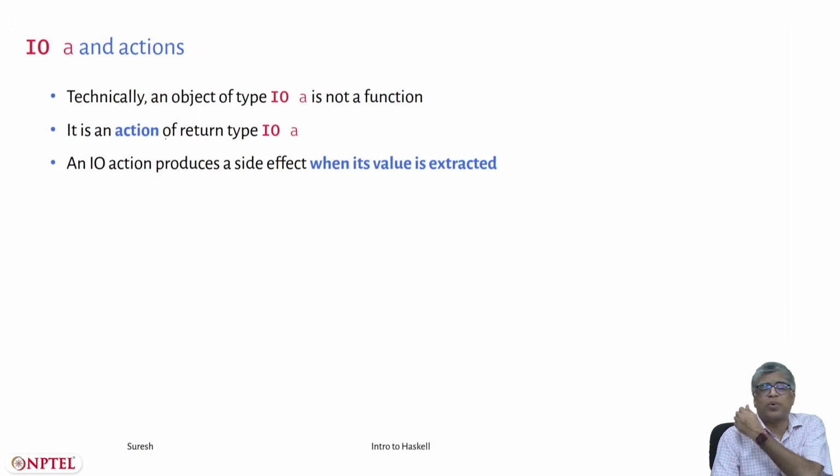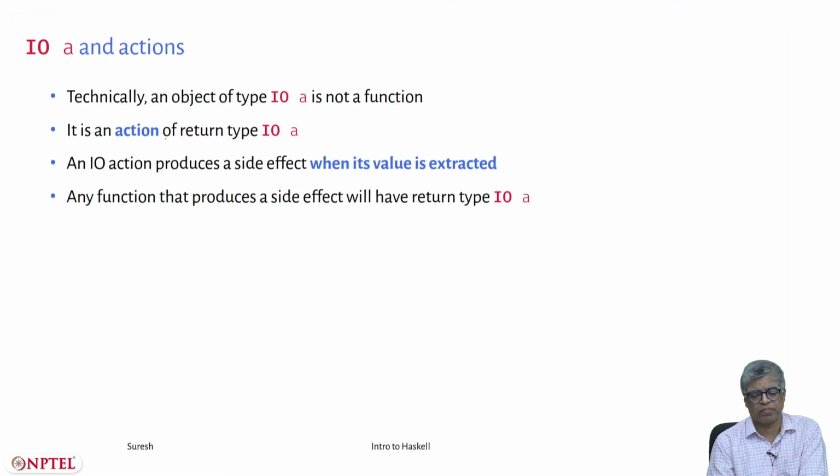Okay, you try to extract the unit value, let us say, at that point it will actually produce its side effect of changing the state of the real world. Okay, so this is just a technicality, you can ignore this. As far as we are concerned, you have normal functions of type A arrow B, you have IO functions of type A arrow IO B. Okay, that's all you need to worry about.